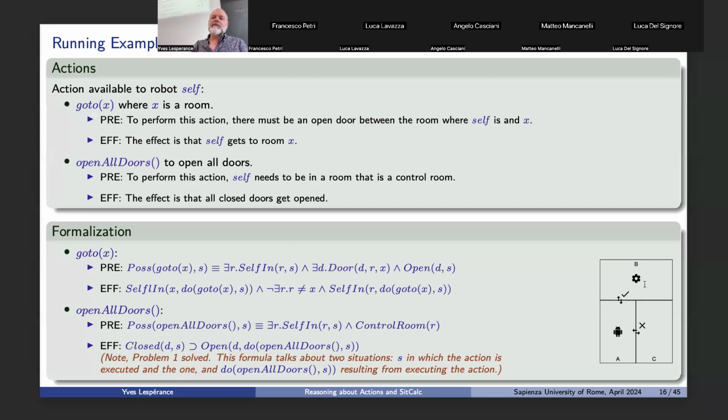This is why you can express the fact that if I go to B and I press the button to open all the doors, then this door will be open after do open all doors in S.